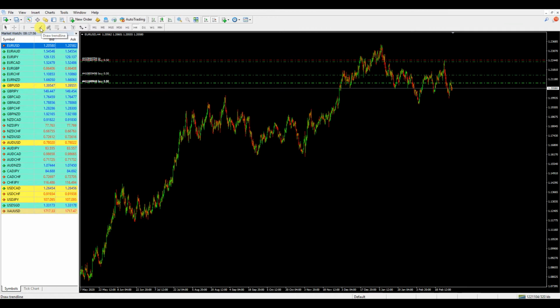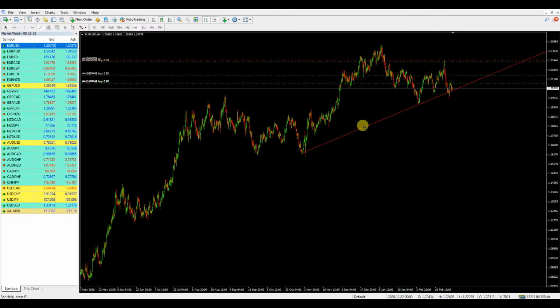I use this for my systems, and I use this on my cell phone as well when I want to predict the market for next week, or for next month, or even to see how the market was coming up from a couple of days back. It's one of the best tools of MetaTrader and of trading. So we select the trend line, and we're gonna take it here, and we're gonna take the market somewhere here.